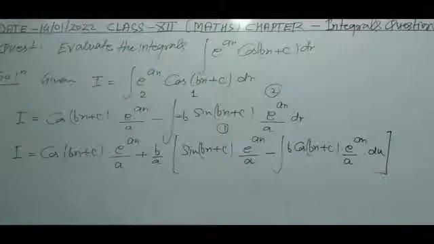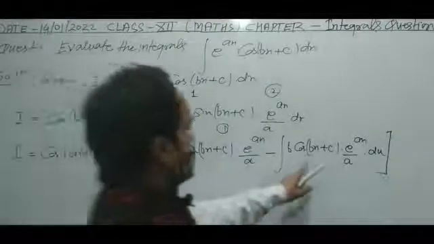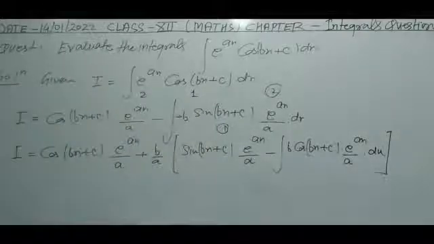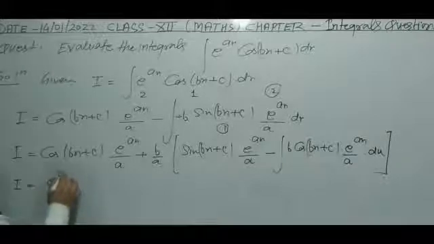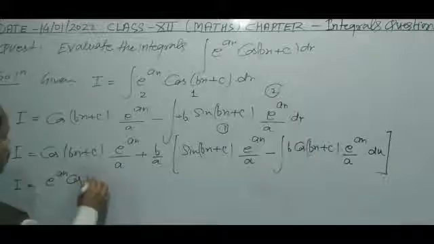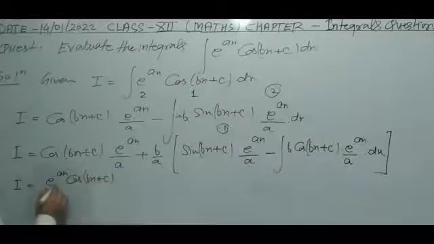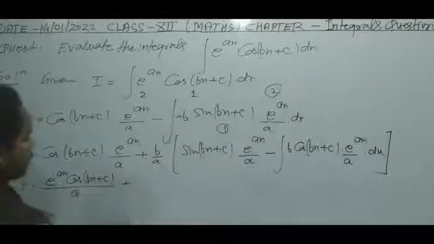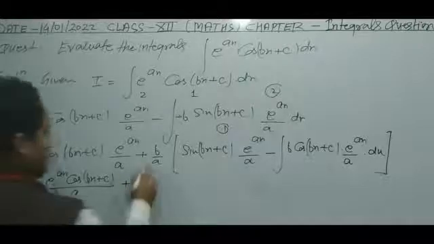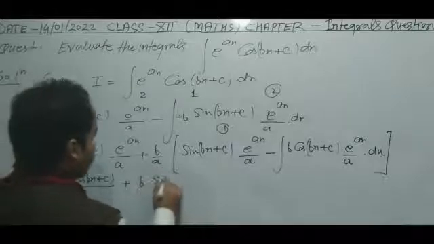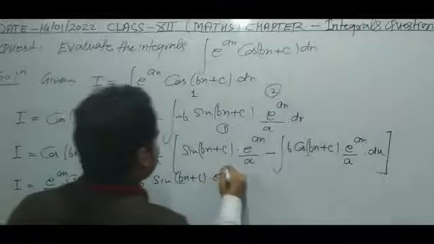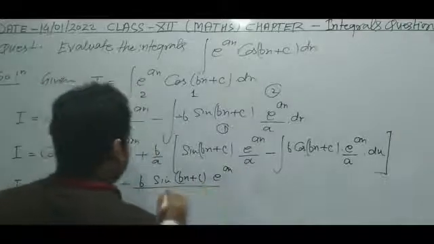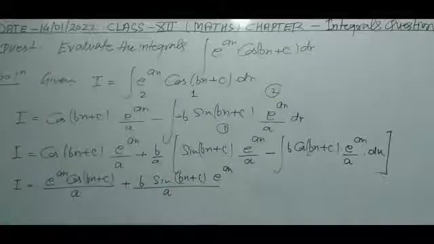So this is the result I. So what we can write? We can write I is equal to e to the power ax into cos bx plus c, whole upon a, plus b sine bx plus c into e to the power ax upon a square will be here.